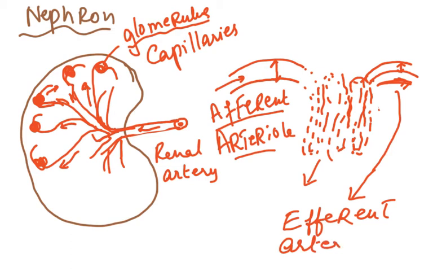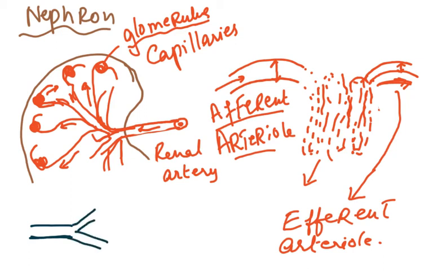So efferent arteriole. Now if you remember, the normal pattern that we saw was what? There's an artery first of all. And then it's got branches, and these are called arterioles. And then there are capillaries. And then there is a venule. And then there is a vein.